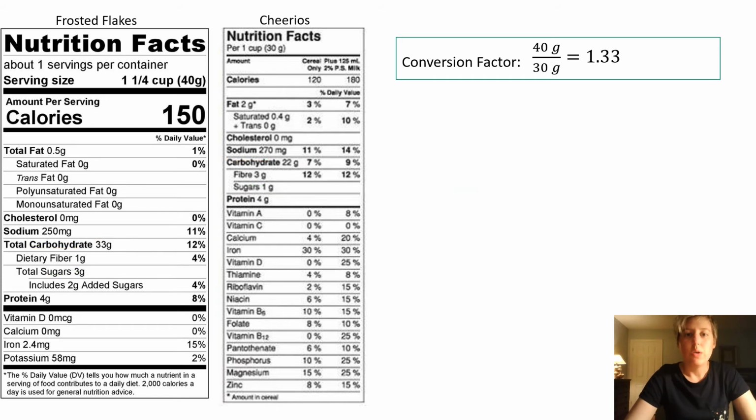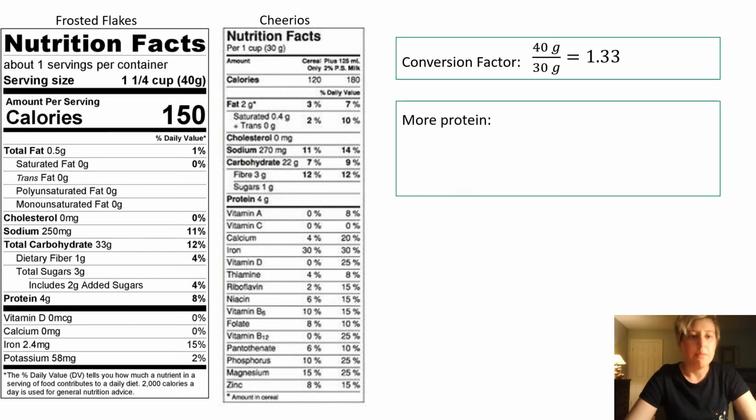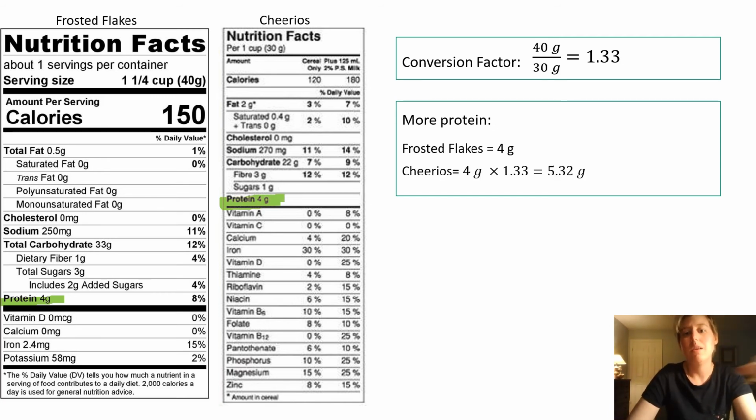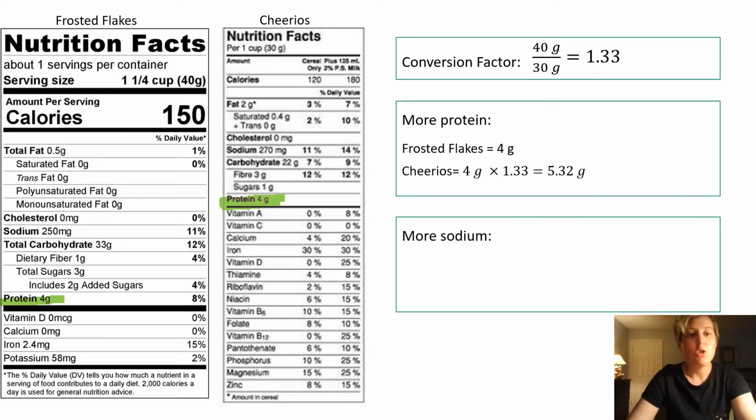The last two categories we're going to look at are protein first, and then sodium second. For protein, for Frosted Flakes, we find our protein right here. It's 4 grams. For our Cheerios, our protein is also 4 grams, but again I need to multiply it by my conversion factor. So that gives me 5.32 grams. And then our last group is sodium.